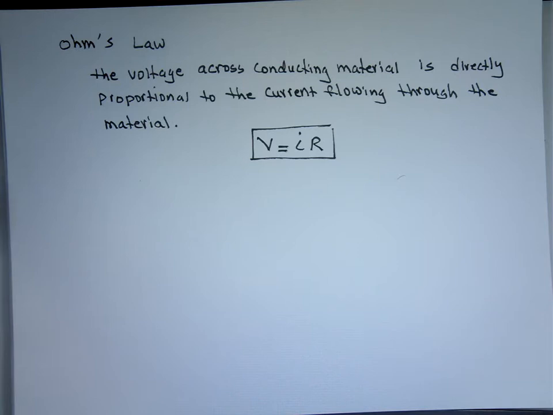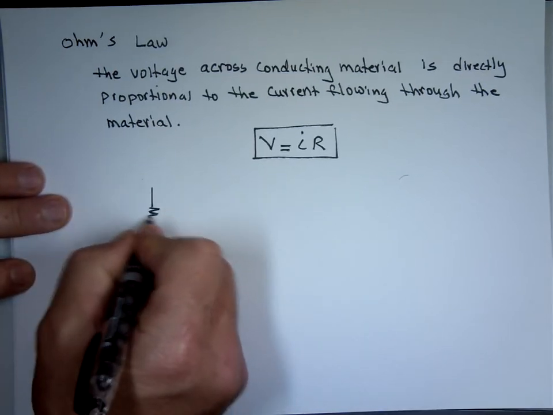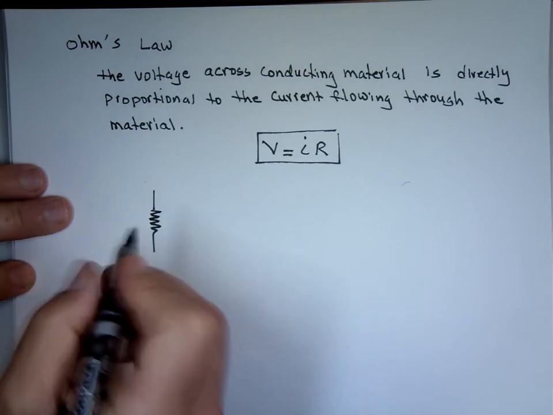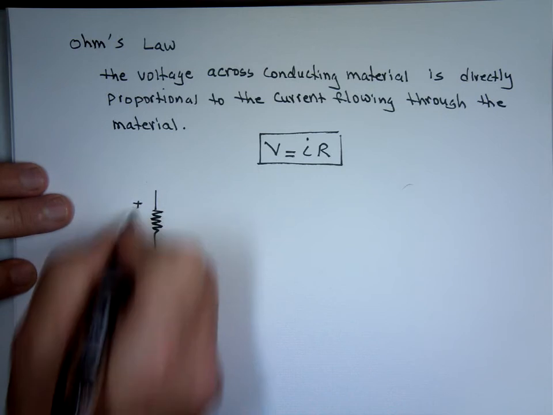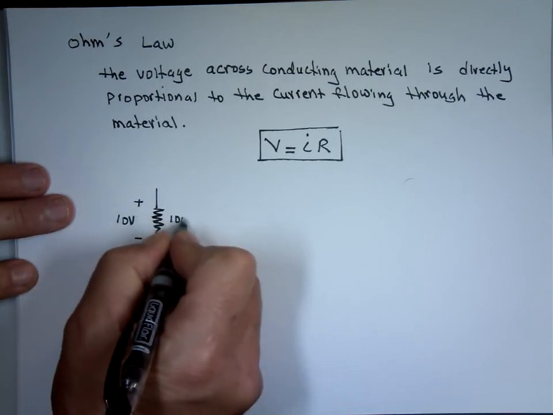Meaning what? If I take a voltage source here, I have a resistor, there's my resistor from last class, a picture of a resistor. And I put a voltage across the resistor of 10 volts, and it's a 100 ohm resistor.